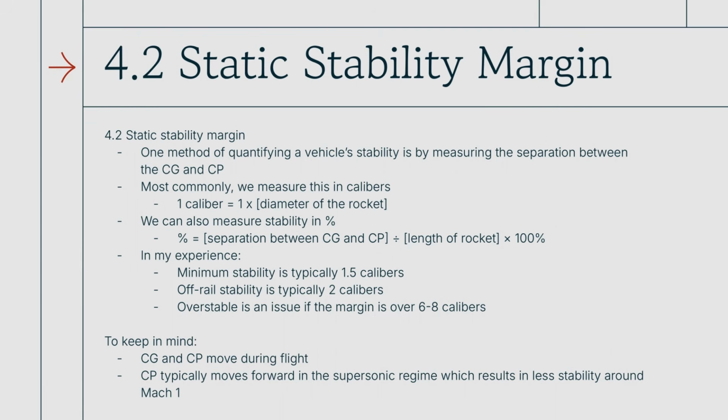You typically don't want that. Some things to keep in mind about static stability. The center of gravity and the center of pressure both move during the flight. And the center of pressure actually typically moves forward in the supersonic regime. So once you're supersonic, the center of pressure moves forward and makes your stability worse.